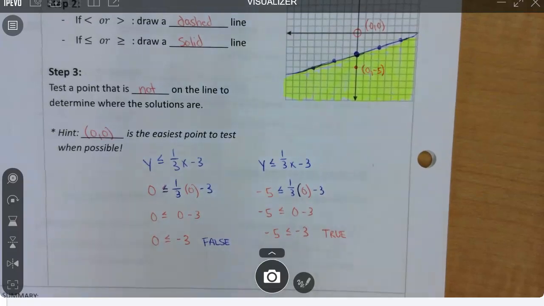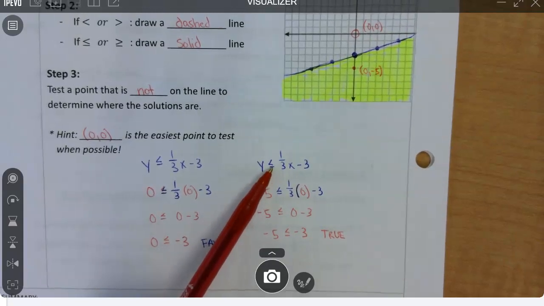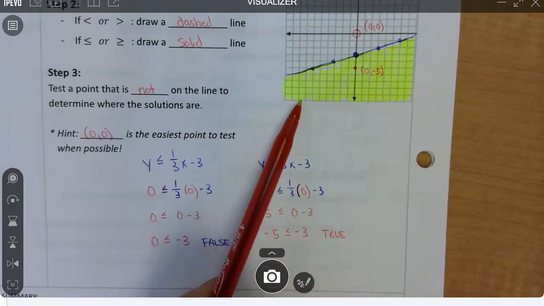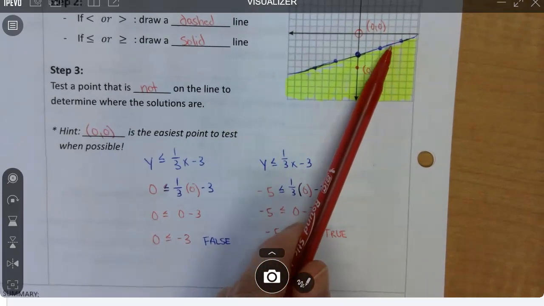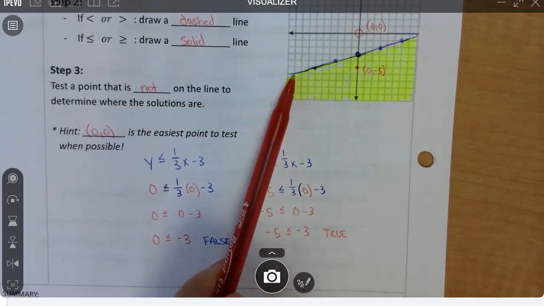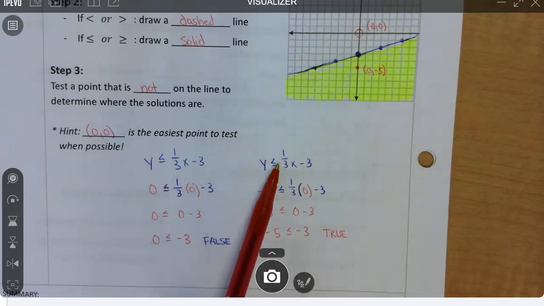Okay? Now the other big takeaway from this is because it was less than or equal to, not only does all the shaded region qualify as solutions for the inequality, but any point on the line, because it was a solid line, also works as a solution to this inequality.